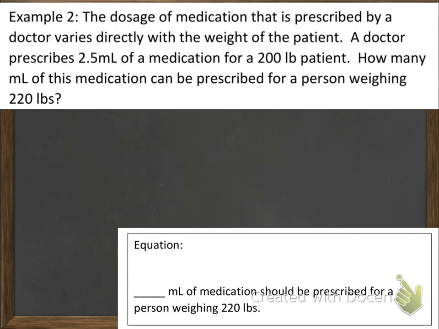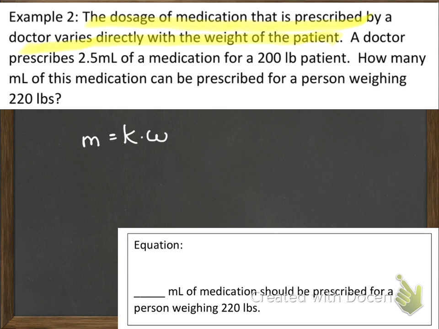So let's keep going. Example 2 says the dosage of medication that is prescribed by a doctor varies directly with the weight of the patient. Okay, so we need some variables here. I'm going to call the dosage of medication M for medication that is prescribed by a doctor varies directly. So we need my constant of variation here, with the weight of the patient.